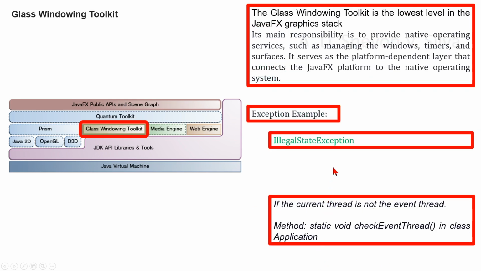As an exception example, we can consider IllegalStateException, if the current thread is not the event thread, in the static void checkEventThread method in class Application.